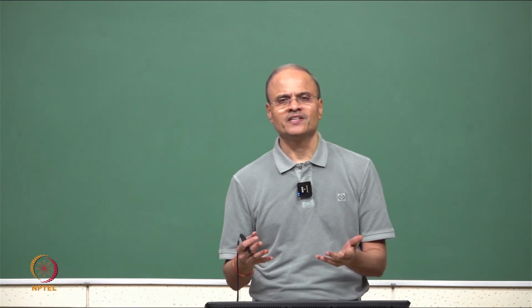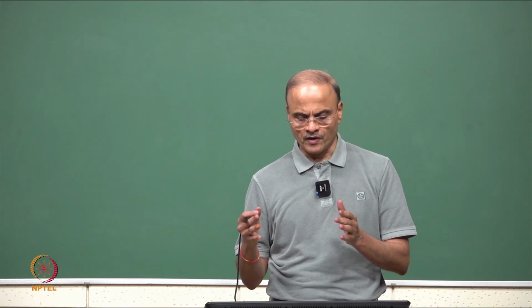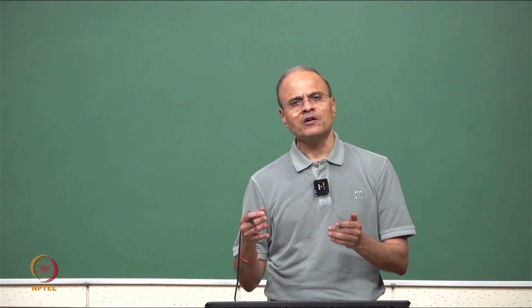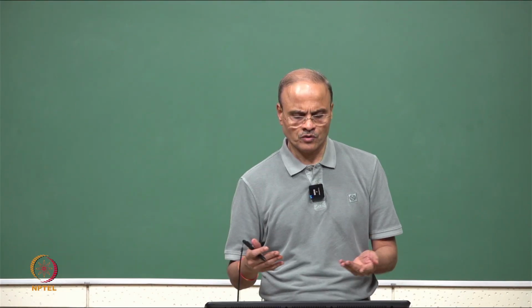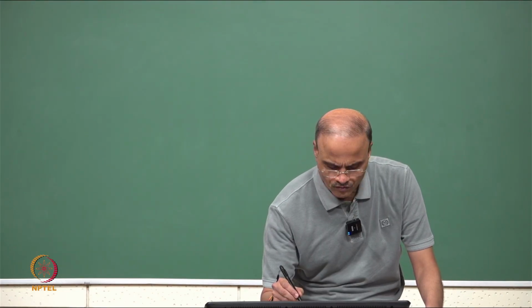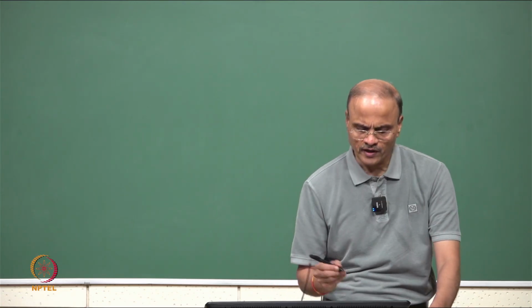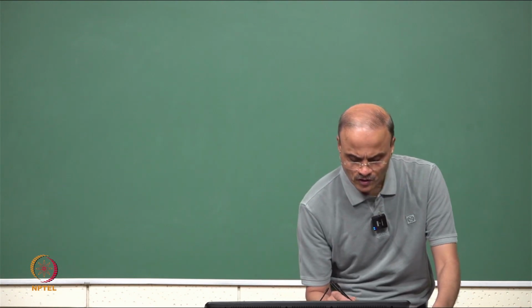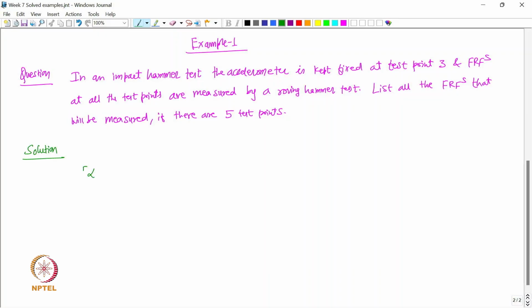In this question, what has been asked is that if there are 5 test points and the accelerometer has been fixed at test point 3, then what are the FRFs that will be measured. To give further insight, if we have 5 test points, we can have a 5 by 5 FRF matrix. If I show that 5 by 5 FRF matrix in this manner, then I will have alpha 1 1, alpha 1 2 going up to alpha 1 5.